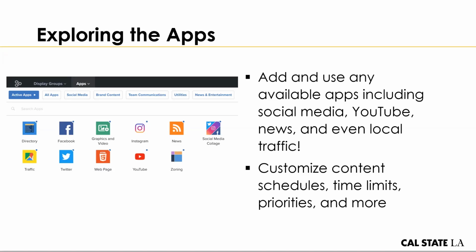You can also, with some of the applications, for example, the graphics and video, some of the other content displaying applications, such as YouTube, and I think the social media ones as well, you can actually customize schedules and give it time limits, when you don't want it to display certain information, when you want certain things to take priority, take over, regardless of what else you have in your queue or in your little playlist, then it'll take over if you use the priorities.